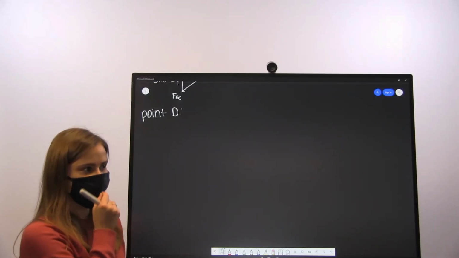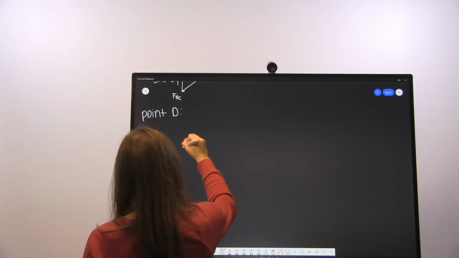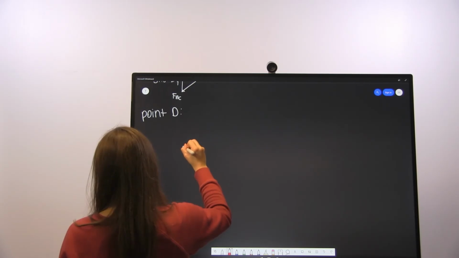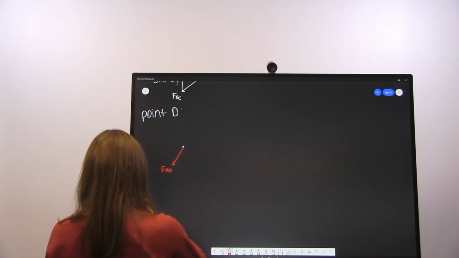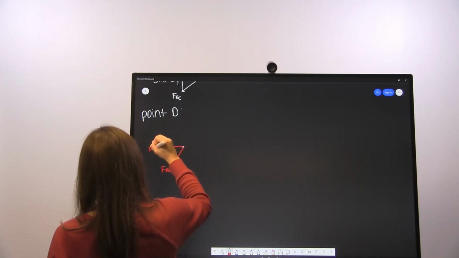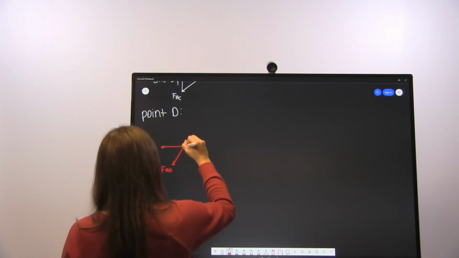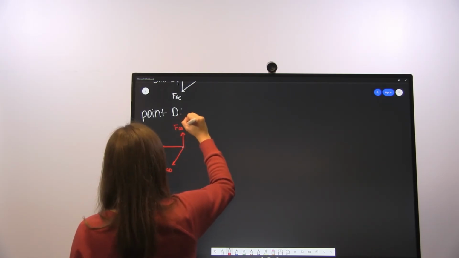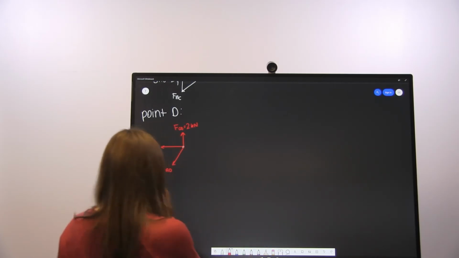So now that we found point C, we're going to go to our next point, which is point D. So point D is right here, and then we're going to have this force AD this way. We're going to have force BD to the left. We're going to have our force CD, which was 2 kilonewtons. That's going to be acting up because that was positive. That was our tension.